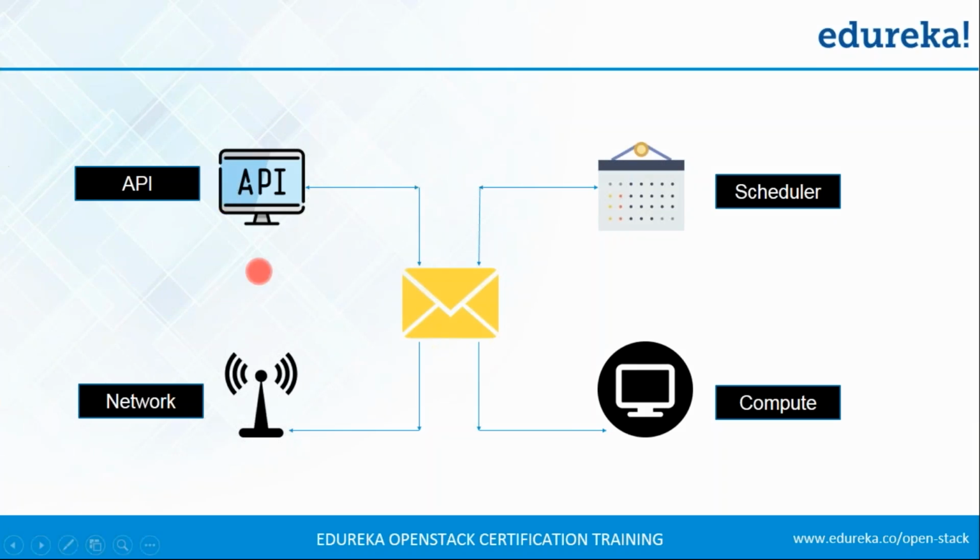Nova has got APIs, like every other service in OpenStack. I already told you that it communicates with the other services using APIs. So this is the Nova API over here, and this is the message broker system. This can be a middleware like RabbitMQ, which enables a message queuing system for each component in Nova to communicate with each other.